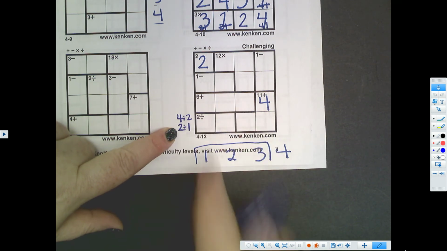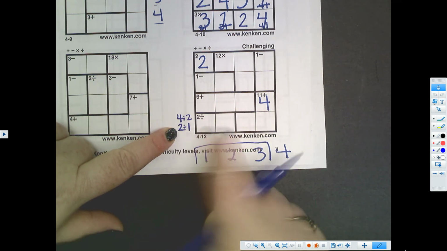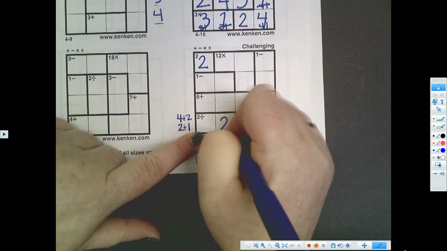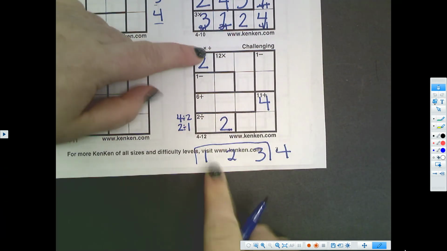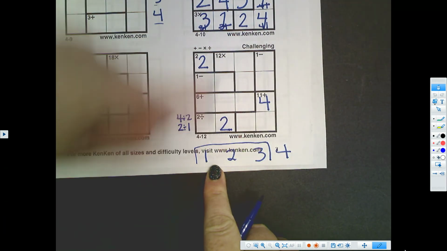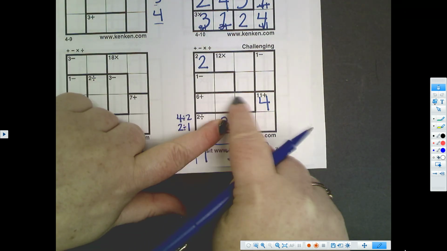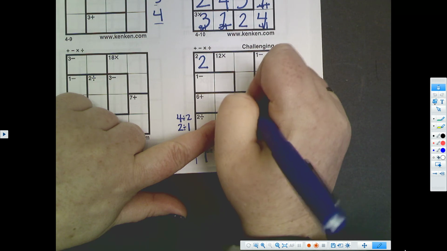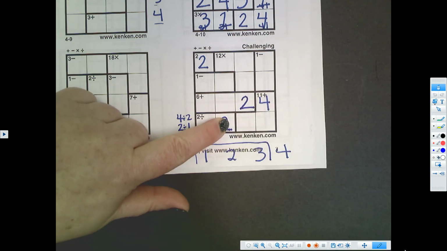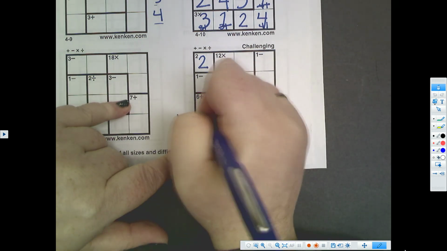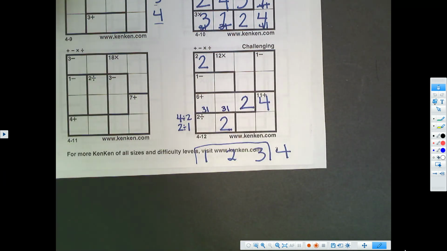Both of these use a 2, so I have to put a 2 in this box. So this will have to be a 2. So now I've used a 2 here. I've used a 2 here. So that means in order to put a 2 in this plus 6 box, it has to go down here on the end, which means my 3 and my 1 go here and here.